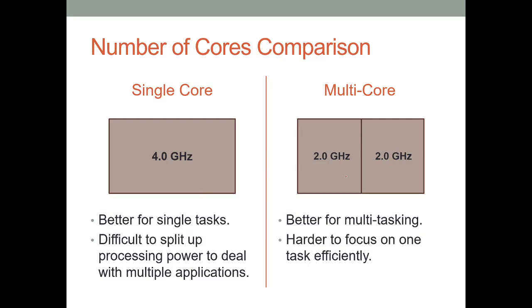Now this adds up to 4, obviously, so the single core would be better for single tasks, but it would struggle with multitasking. The dual core would be better for multitasking, and although it could put its power together, it wouldn't be as good as the single core. Now, it's unrealistic that you're going to find a single core 4 gigahertz processor, but obviously if you have a multi-core processor and both of these were 4 gigahertz, that would be better. But just something to bear in mind.